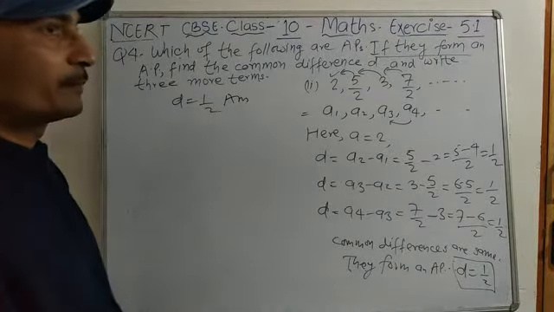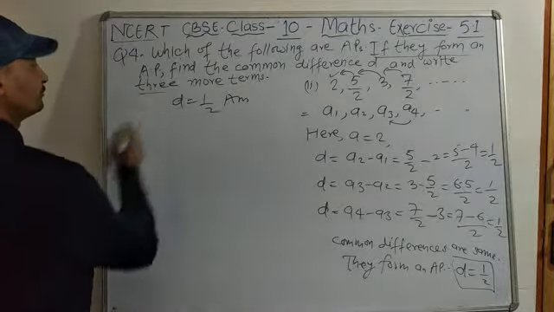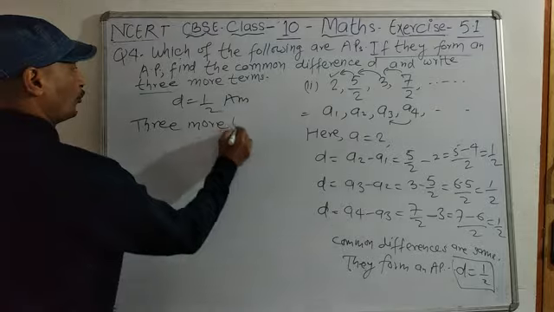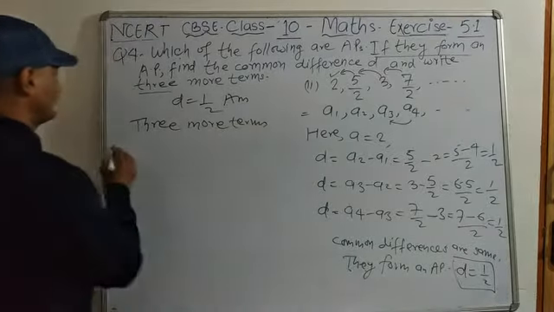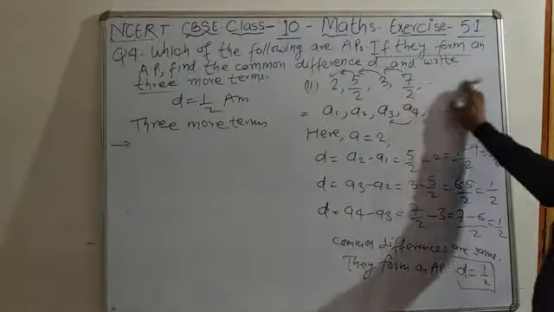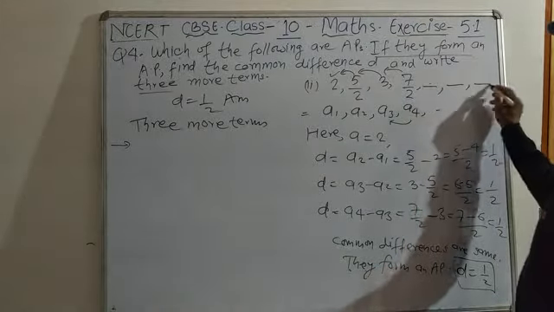And the next one, I write 3 more terms. Now 3 more terms. Number 1, last term is out. We need here 3 more terms, like 1, 2 and 3. So it is 7 by 2.